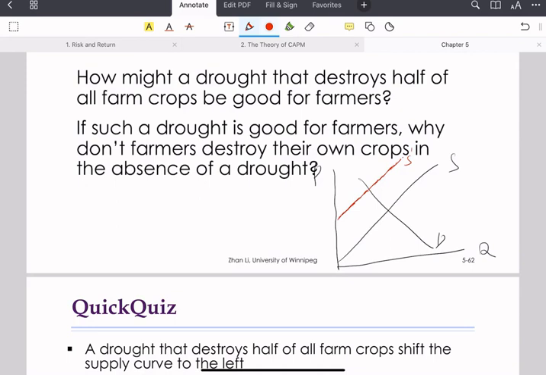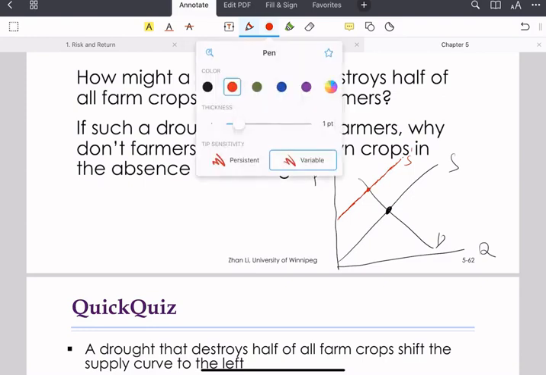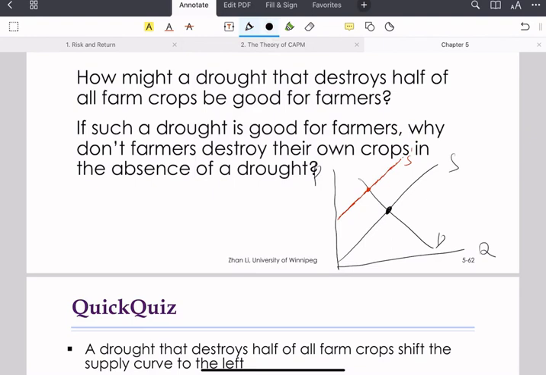Well, the analysis here is quite similar to the first example. In the beginning, equilibrium is here, given by this black dot. And after shifting the supply curve, equilibrium is given by this red dot. So what you can see here is price increases, right?